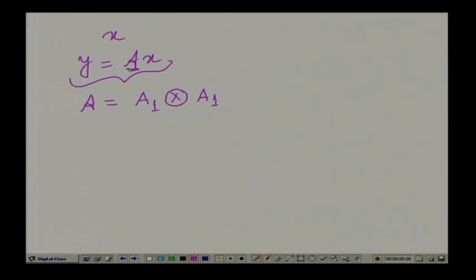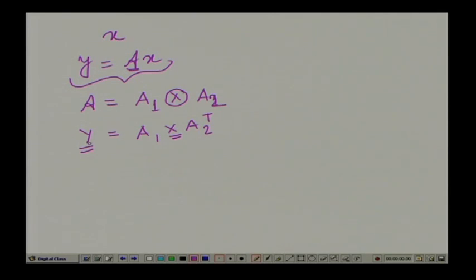Whenever A is represented as the Kronecker product of two matrices A1 and A2, then this transformation is separable, because in this case the operation can be represented as y equal to A1 x A2 transpose, where y is the coefficient matrix and x is the input matrix.